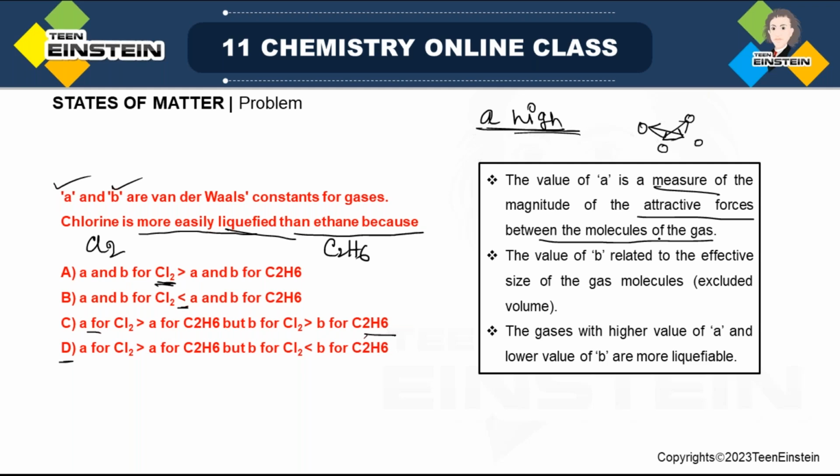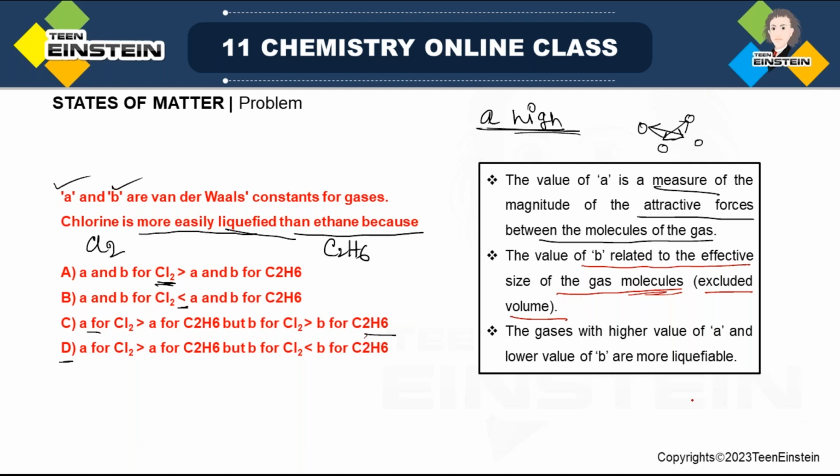Now what about B? B is basically the effective volume which is occupied by the gas particles, and the value of B is related to the effective size of gas molecules also. So basically, as it is the total volume of all the gas particles, obviously it is directly connected to the effective size of the gas molecule, because that volume is not available for the movement of the gas particles, right?